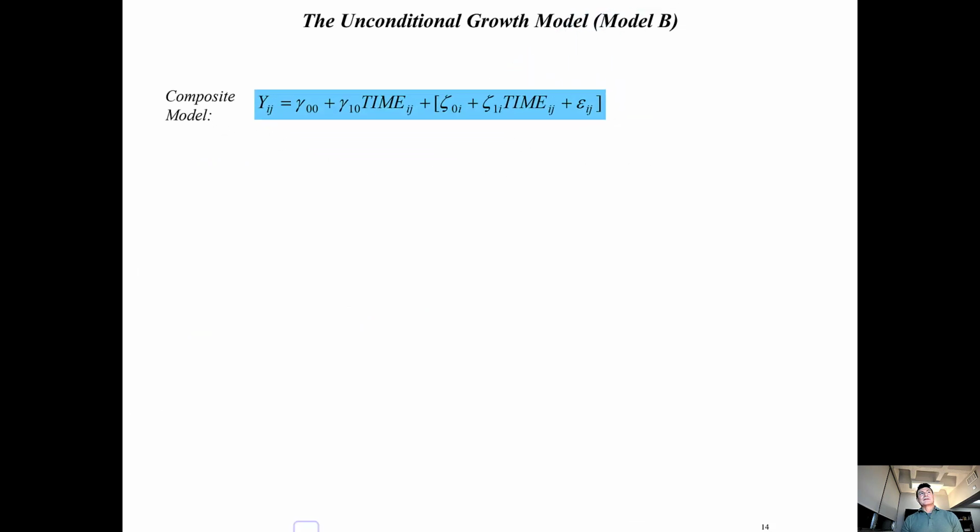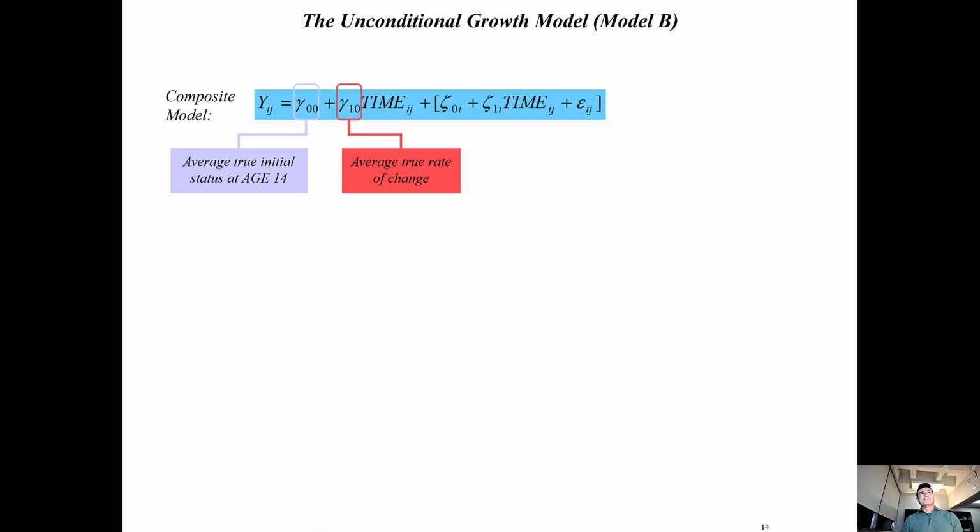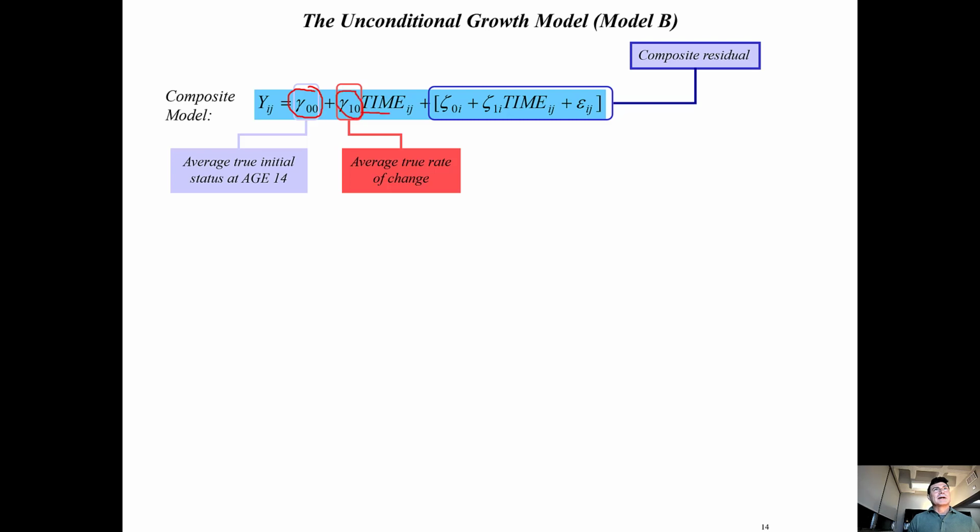All right, so when we fit this using that composite formula, we've got an average intercept plus an average slope multiplied by time. And then we have these residuals. So we've got a residual around that intercept, so everybody has their own starting point.